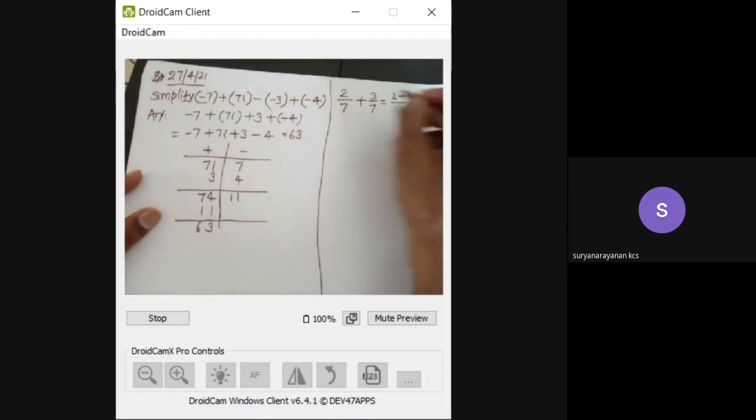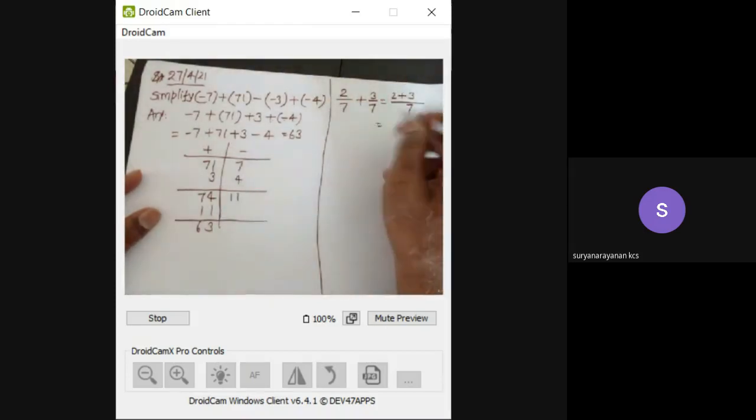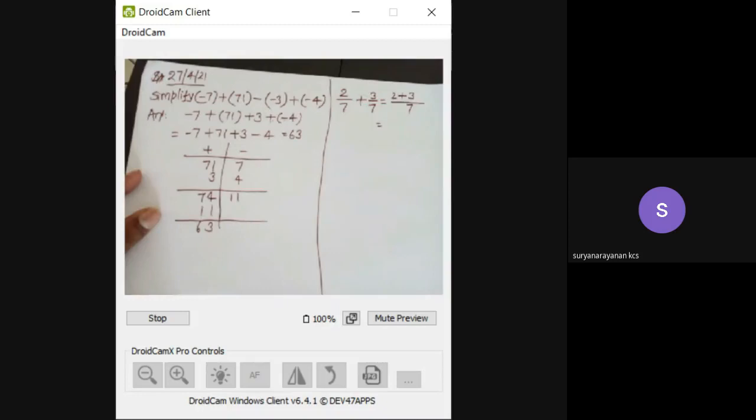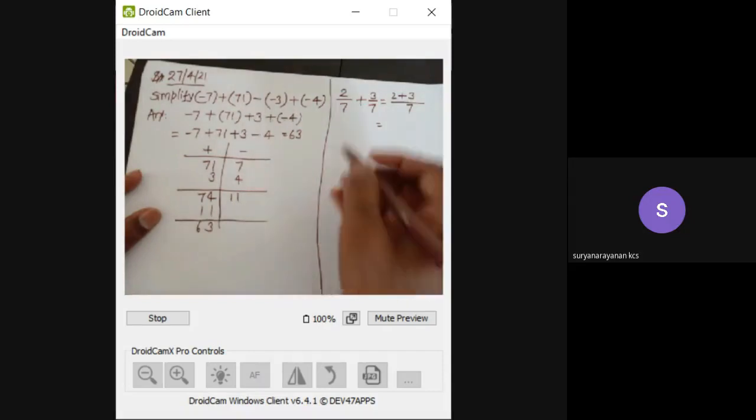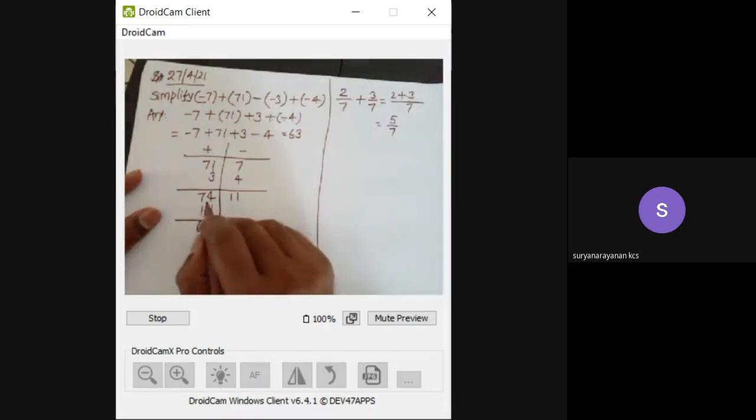So plus. After that, the second numerator. If you observe the numerator, there are two numbers connected with the plus sign. What operation should we do here? Add 2 and 3. Addition. Plus means addition. So 2 plus 3 is 5 by 7.